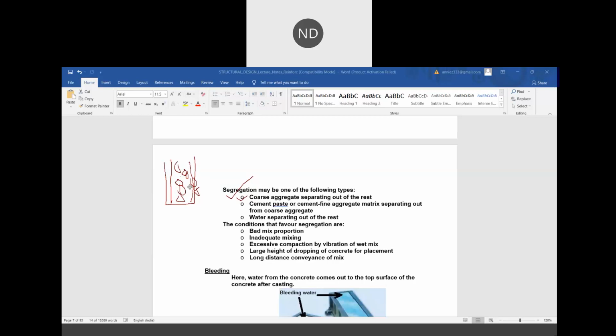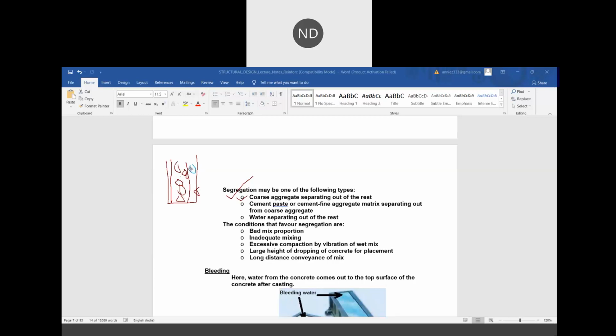This is the coarse aggregate. Since it is mixed with sand and cement, cement will stick to it, and then sand will stick to that.